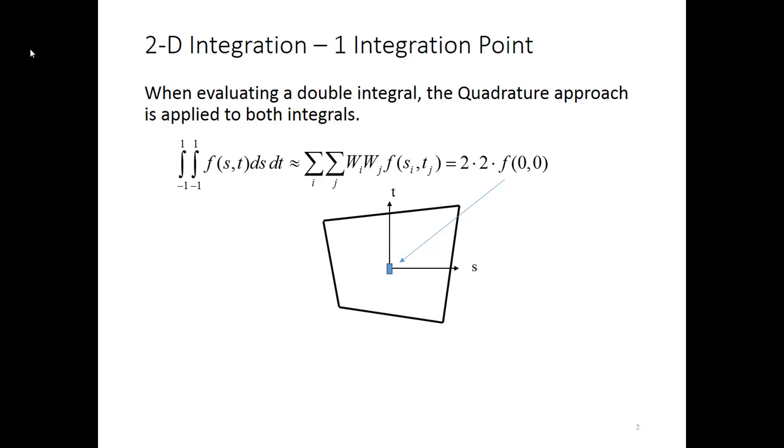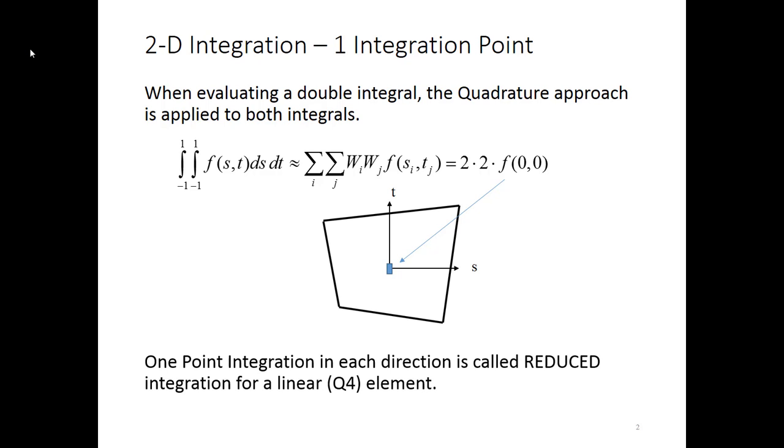So the width of each interval is going to be 2, and I'm evaluating the function right in the middle of the s and t coordinate system, where s and t are both equal to 0. That gives me my single point integration for a 2D quadrilateral. This is called reduced integration for a linear or Q4 element.